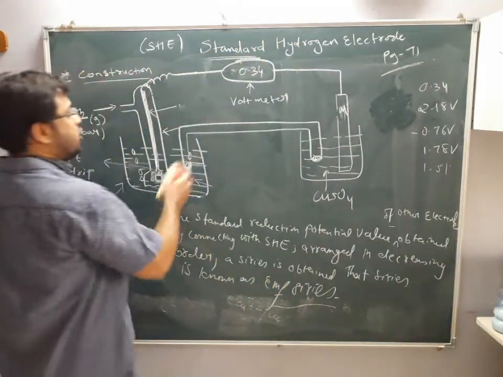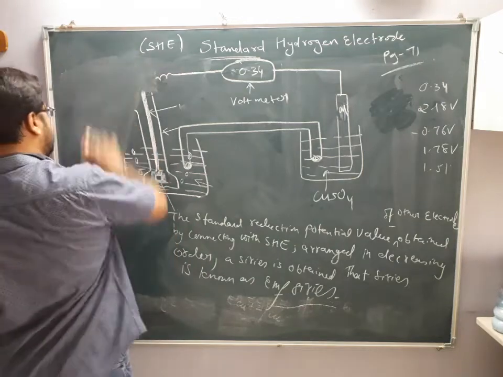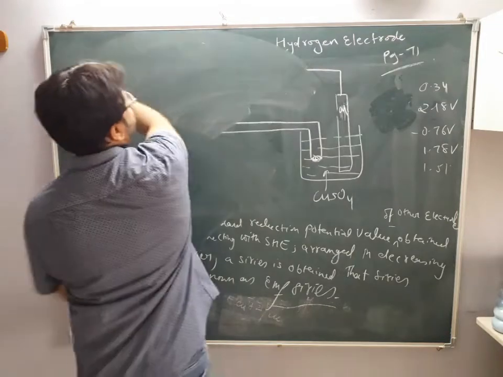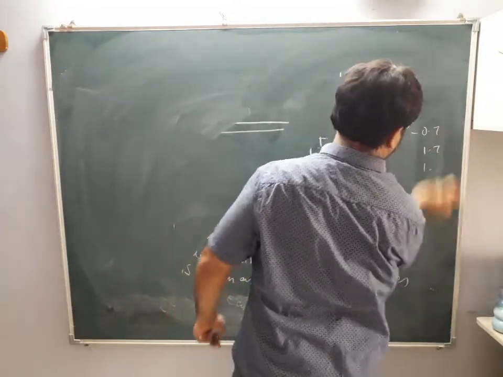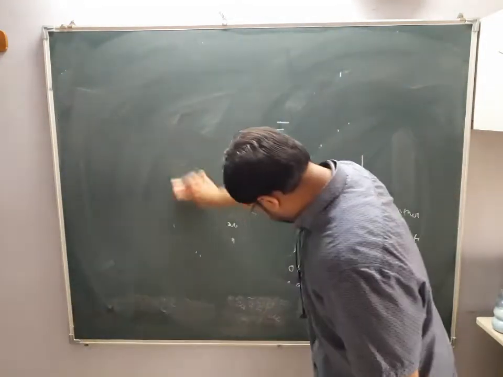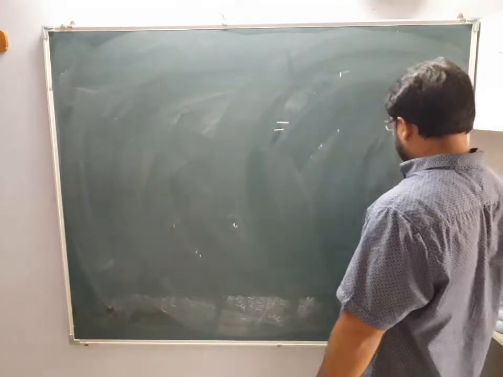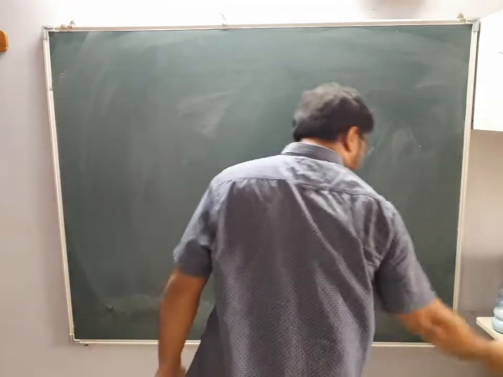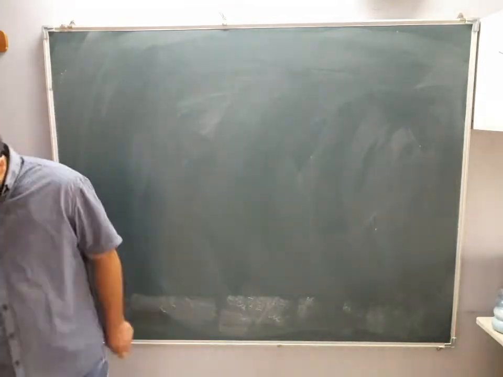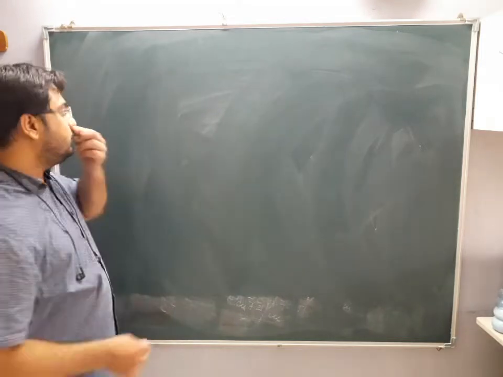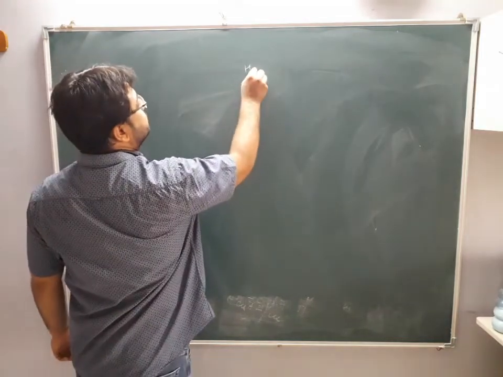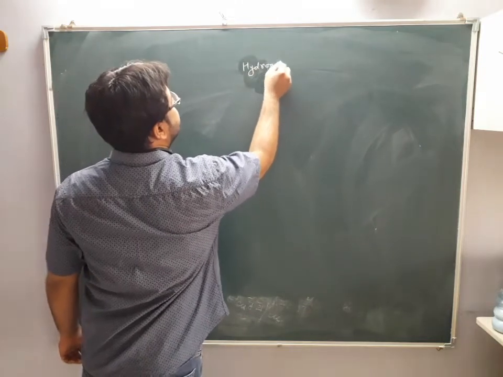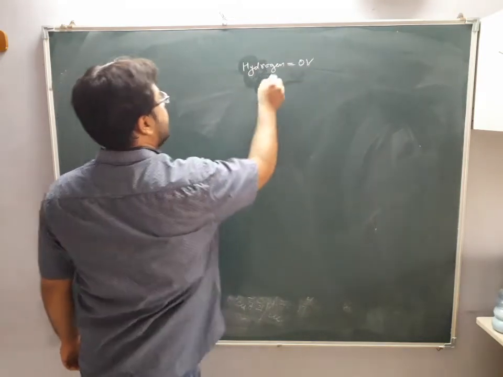Now we will see what information you can derive from the EMF series. In the EMF series, hydrogen value is 0 volt.